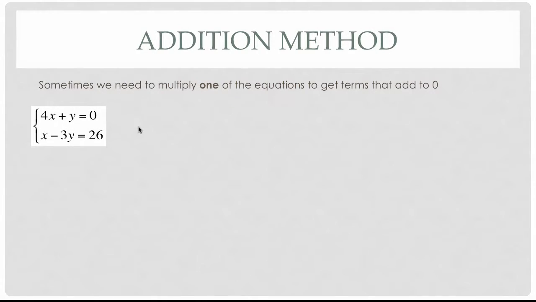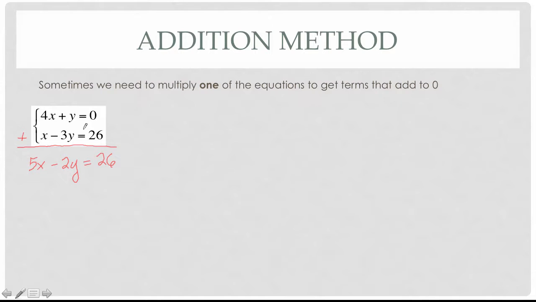Okay, let's take a look at another example here. Sometimes when I'm using the addition method, again, adding the same thing to both sides, sometimes I need to multiply one of the equations to get terms that add up to 0. For example, if I add these right now, I get 4x plus 1x to get 5x. And I have y minus 3y, which is going to give me negative 2y equals 26.